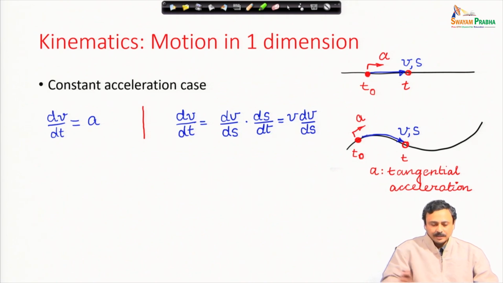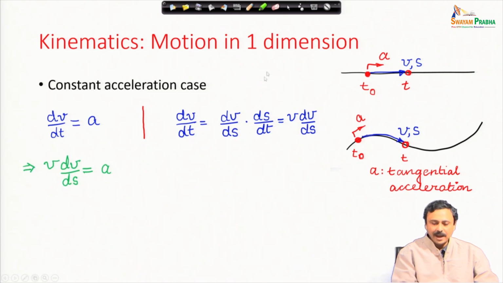If we write this dv/dt as dv/ds times ds/dt, then you can see here that ds/dt is again v.